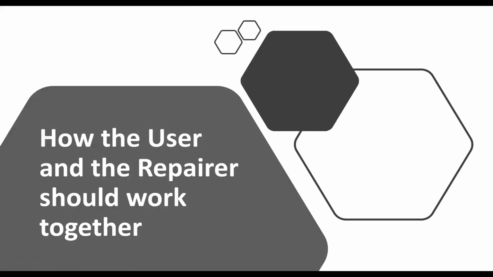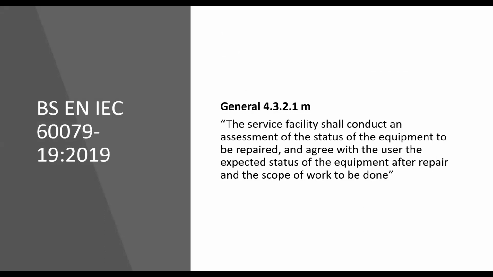The ideal scenario is that the user and the repairer work together. The service facility shall conduct an assessment of the equipment, give all that information to the user, and the user should then agree that that work should be completed. All of those conversations, as we say on the course, should be done in writing, on emails.